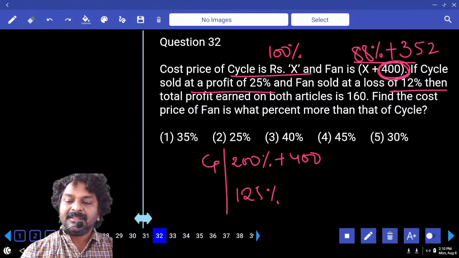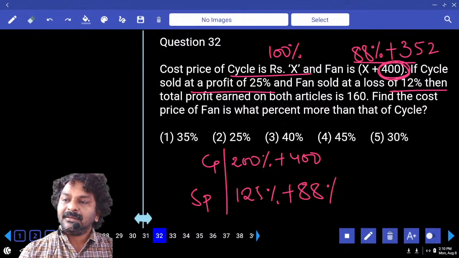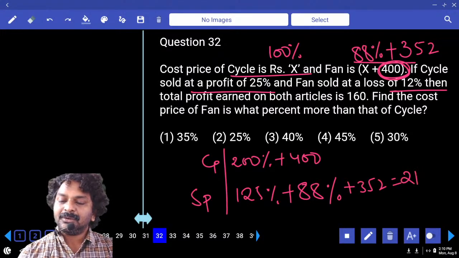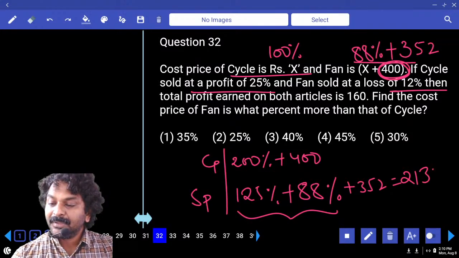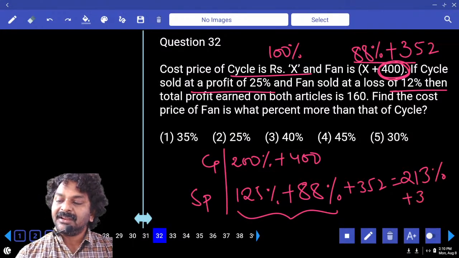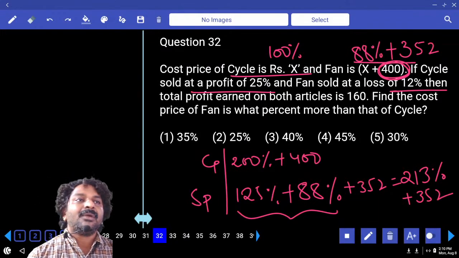Clear? Then total selling price is equal to, how much is this? 213% plus 352. Correct. Now what is profit?